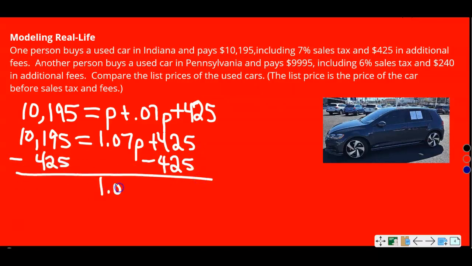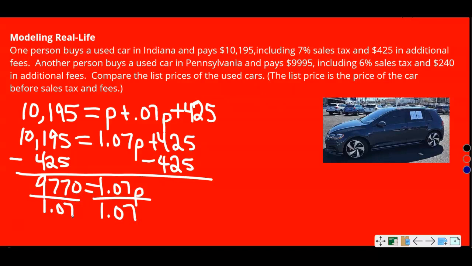So we got 1.07p, and if we subtract $10,195 minus $425, we get $9,770. This is multiplication, so we need to divide both sides by 1.07.